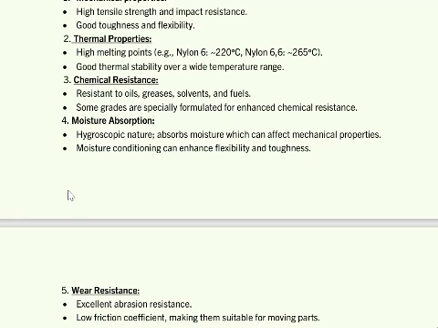So, precautions are taken according to the moisture and the temperature. Moisture absorption can cause polyamide to swell, leading to dimensional changes in molded parts or extruded profiles.